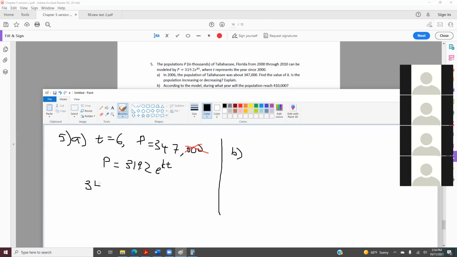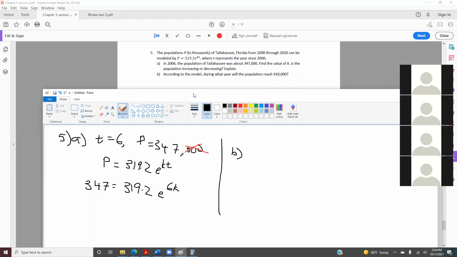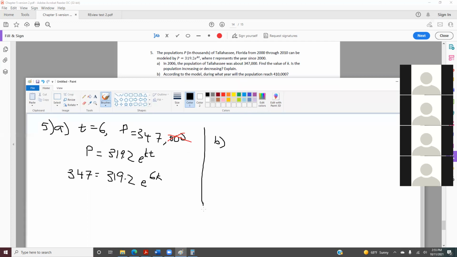So 347 equals 319.2 e^(6k). Anyone find K?